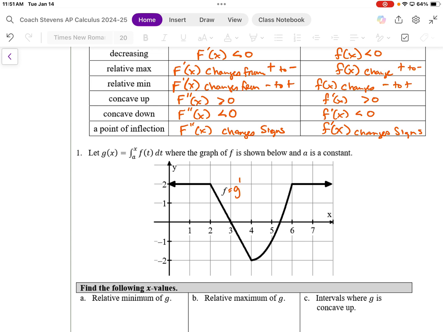That's the f graph, but it's also the g prime graph, because g prime of x is equal to f of x. If g is the antiderivative, when I take the derivative of g, that would be the derivative of the antiderivative, which is just the function.